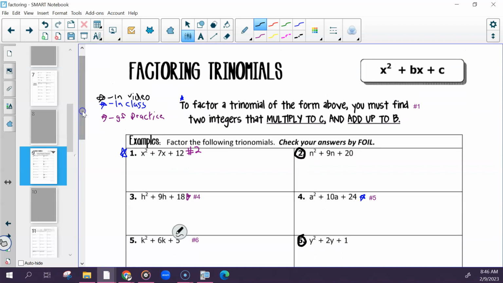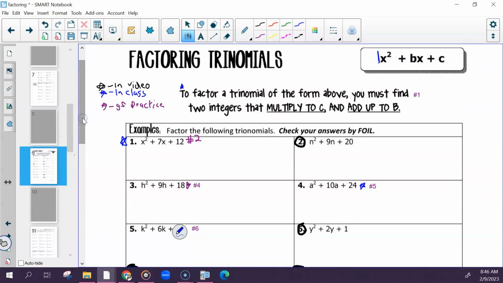In this, you're going to be given an example that looks like this trinomial, so it has 3 terms, where this is A, but your A value is 1. These examples are all trinomials where A equals 1. You have a B and you have a C. Those are going to be some number, maybe there, maybe not.